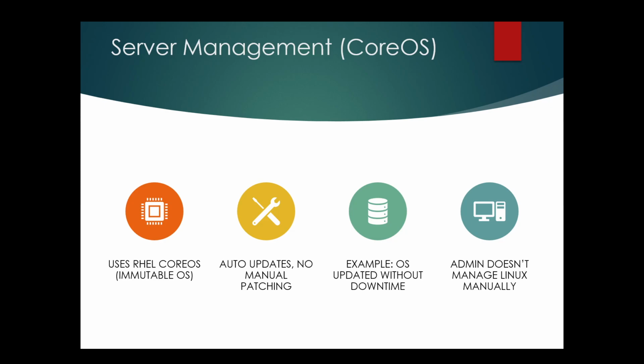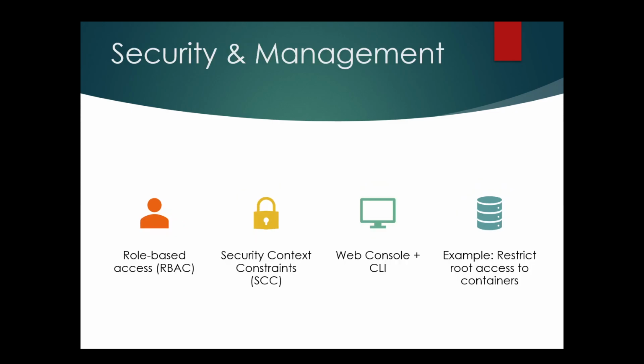For example, you can update an OS without downtime using the auto updates, which we will talk about later. The admin does not manage Linux manually, so it's all automated. You will have consoles both from the web GUI as well as from the command line, so you have both ways of accessing your Linux machines.